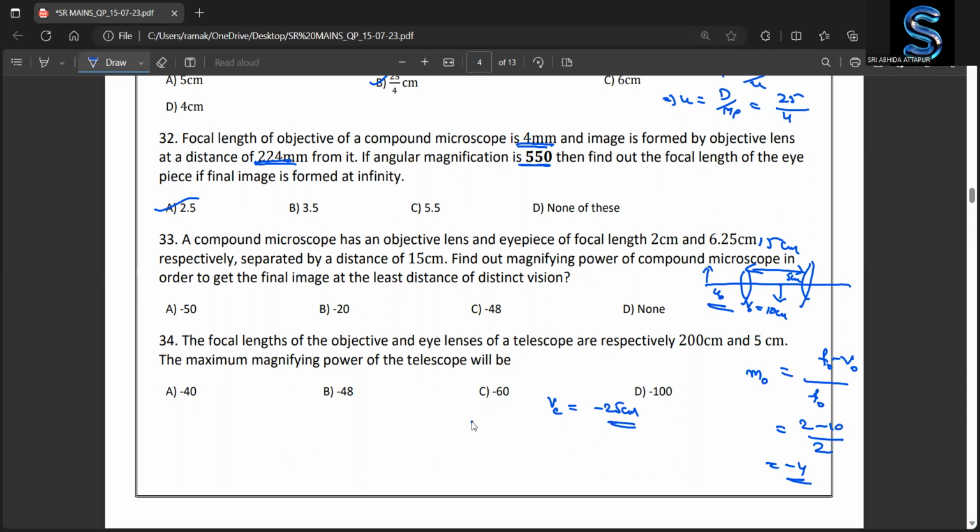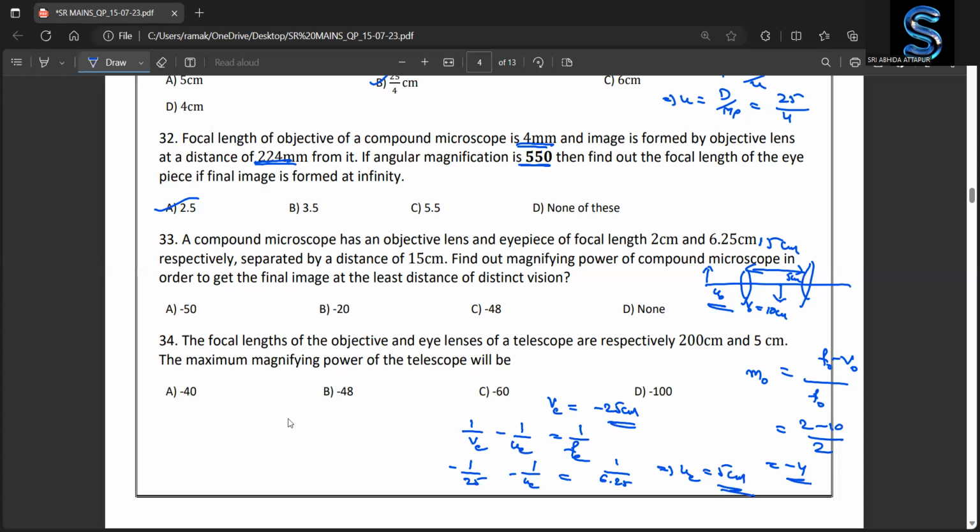Then here we can represent that 1 by v minus 1 by u equals 1 by f e. Then it can be represented as minus 1 by 25 minus 1 by u equals 1 by 6.25. Based on that, we have represented that the object is in front of the eyepiece at a distance of 5 centimeters.